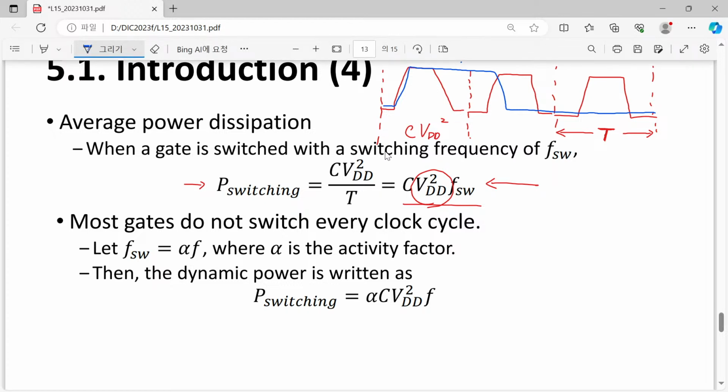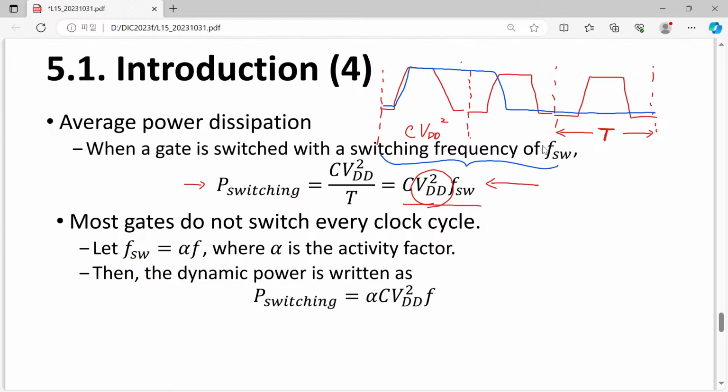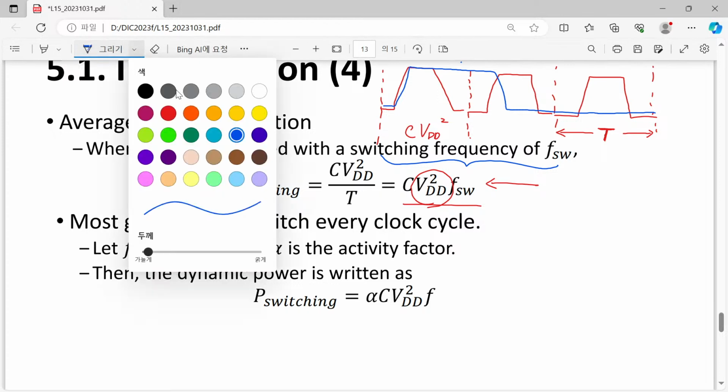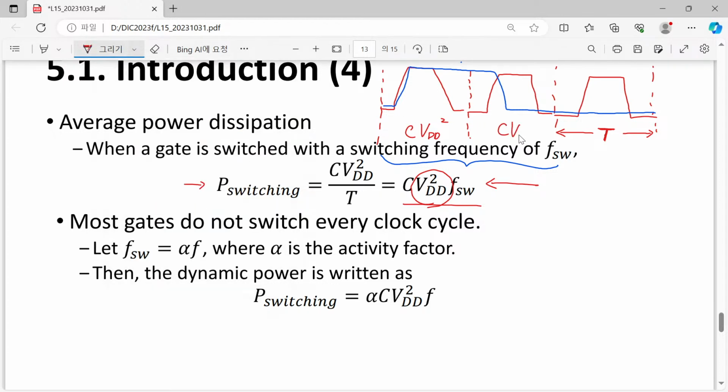If we consider the first two time periods, how much energy was consumed by the red colored curve? In the case of the red curve, we have spent twice C times VDD squared because we switched on and off twice, once, twice.